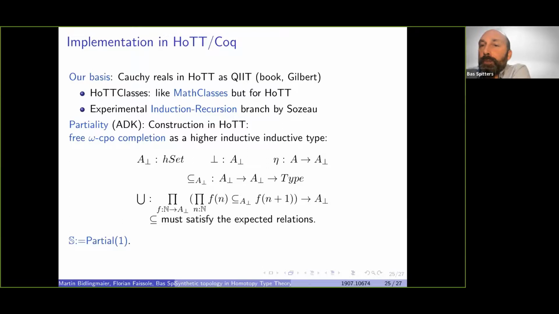Now to tell you a little bit about the implementation. What we've done is we've built on what is called the math classes library and an experimental induction-recursion branch. So this is a feature that's not standard in the Coq proof assistant, but it is available in Agda, for example, and it's currently being added also to Coq.